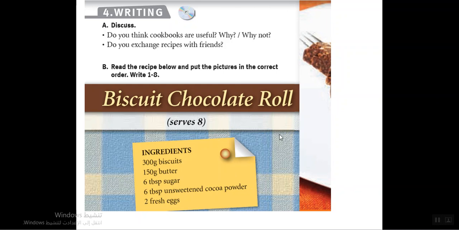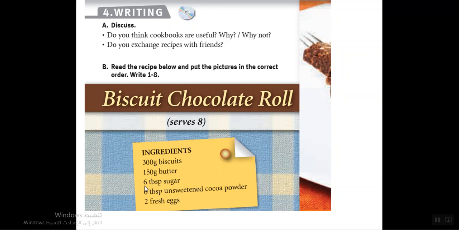Okay, so as we have here, we have biscuit chocolate roll, and we have the ingredients, the things that I'm going to need: 300 grams of biscuits, 150 grams of butter, and this one is tablespoon, TB for table and SP for spoon.